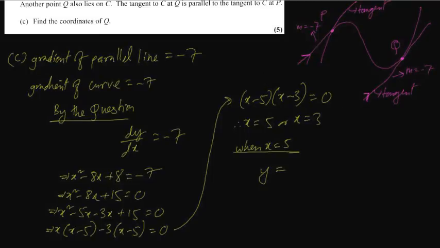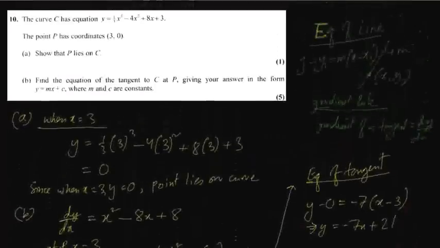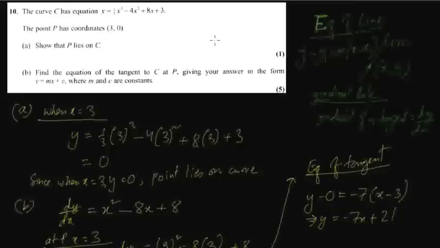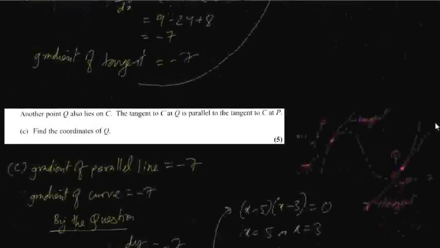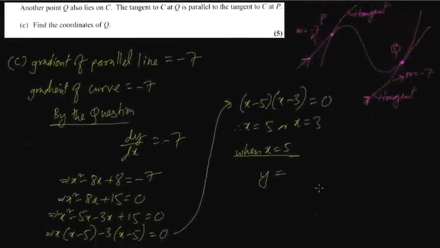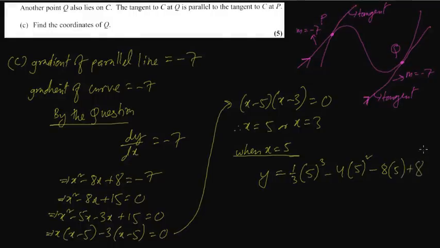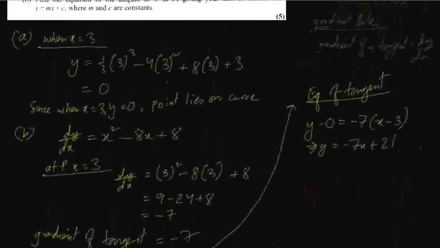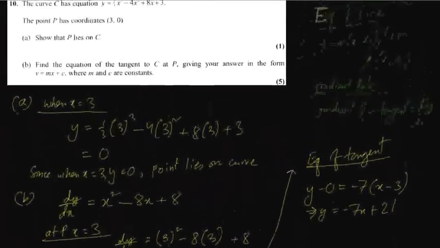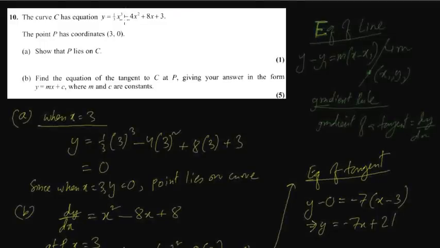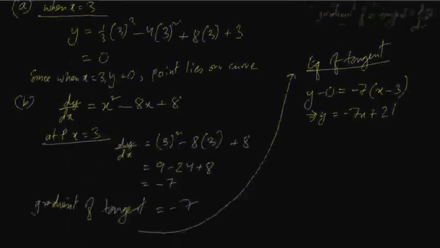So let's put it in the original equation of y. y equals one by 3 x cubed minus 4x squared plus 8x plus 3.